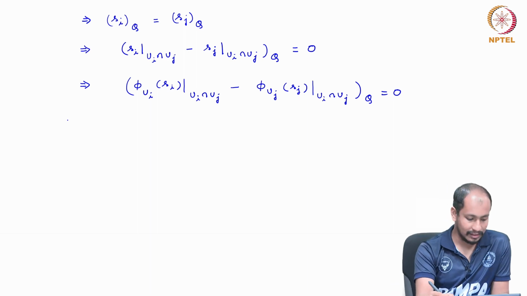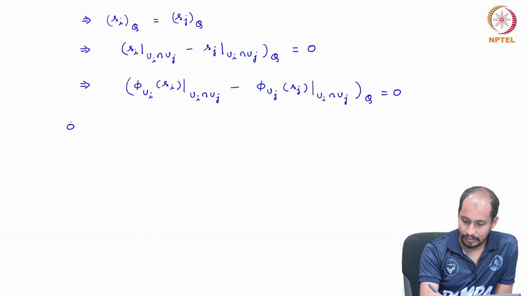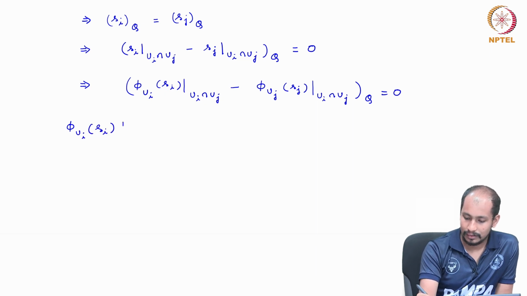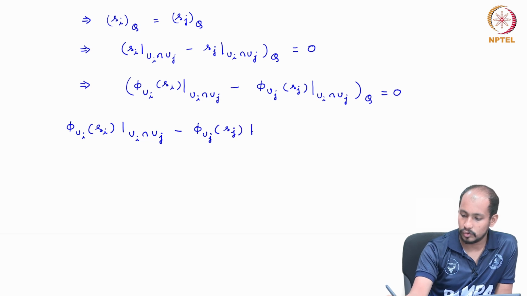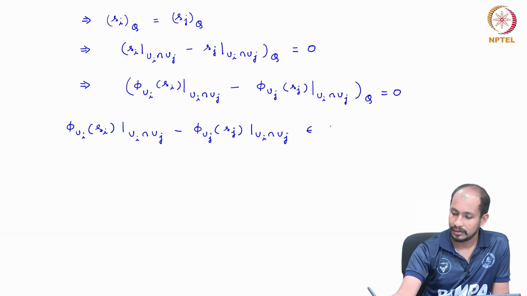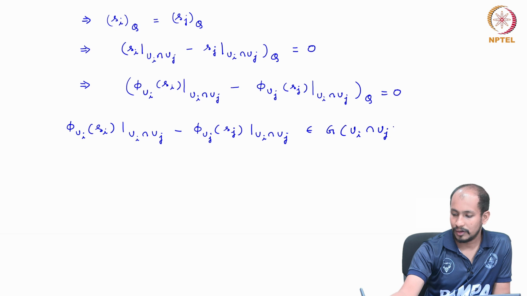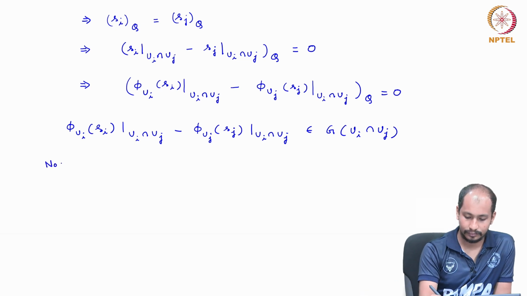Now, this phi ui si restricted to ui intersection uj minus phi uj sj restricted to ui intersection uj is inside G of ui intersection uj. Now, G is a sheaf.